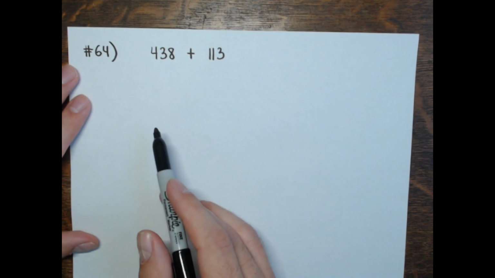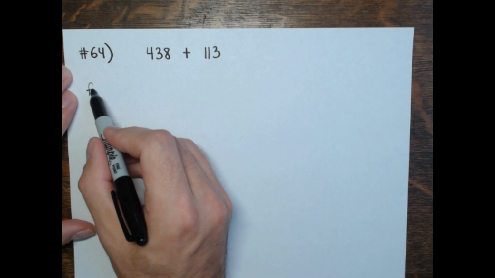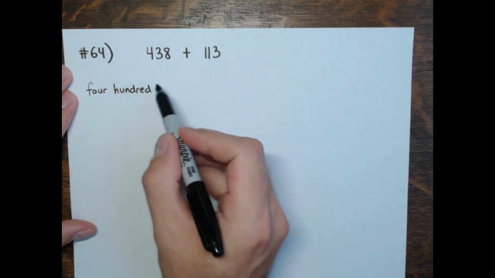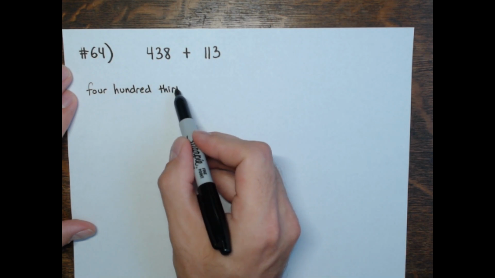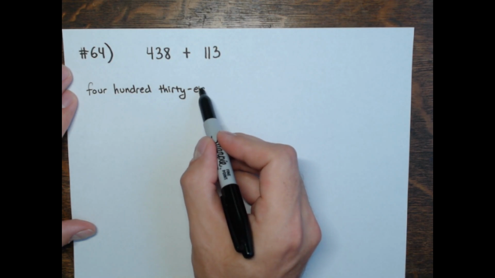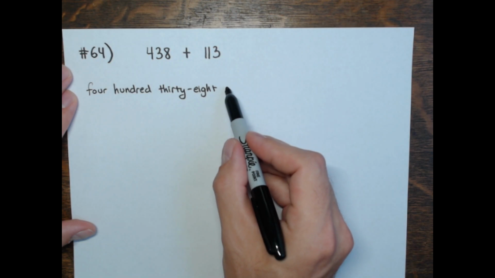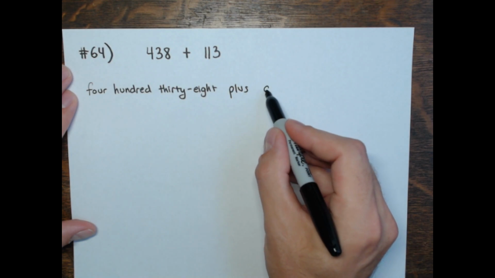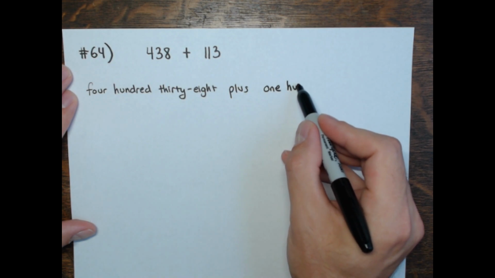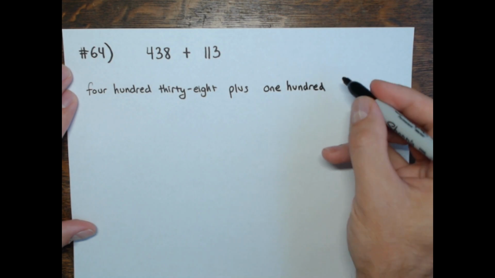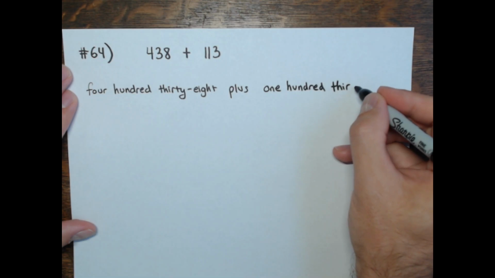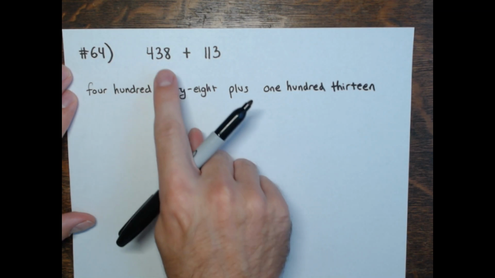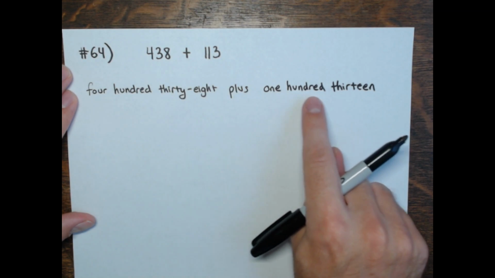So in words, these numbers would be 438 plus, for the plus sign, and then 113. And there is in words, 438 plus 113.